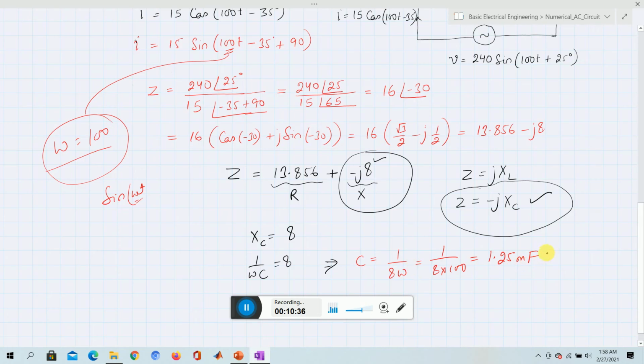That capacitor value is coming in terms of Farad, and because it is a minus j term, XC is equal to 8, and that is how we put the value of XC here, that is 1 by omega C. Any impedance, let's say Z1, will be given as jXL if it is an inductive load, and if it is a capacitive load it is given as minus jXC. In that way we have come to the conclusion of what it could be. So accordingly we have derived.